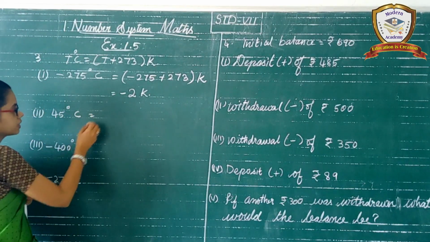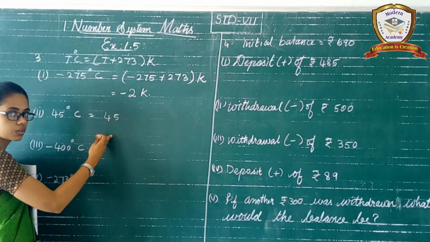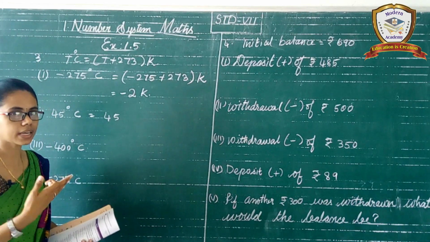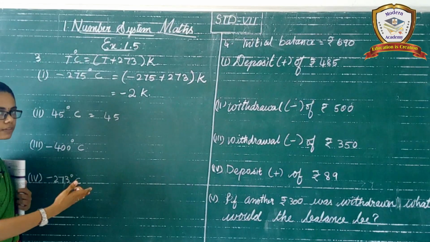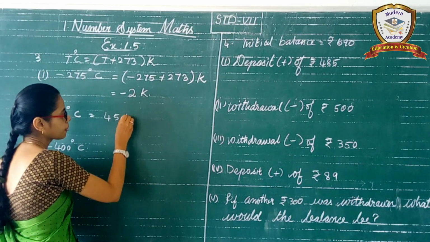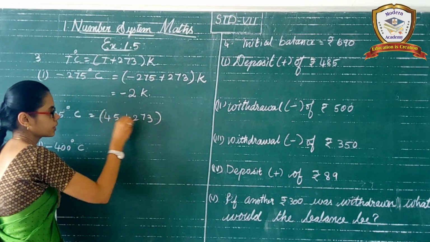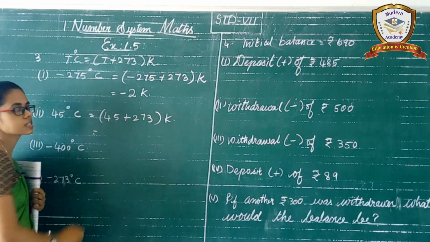Next, go to the second one. See, same like that. So 45 degree Celsius convert to Kelvin. So that's why they ask it, convert the following to Kelvin. So they are given the Celsius, we have to convert to Kelvin. Okay. So 45 plus 273 Kelvin K. Okay. See, both are same sign.